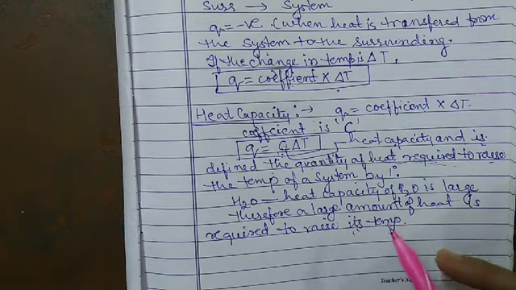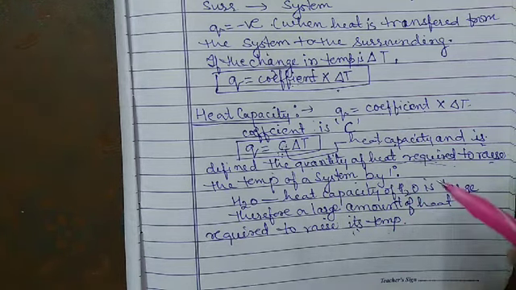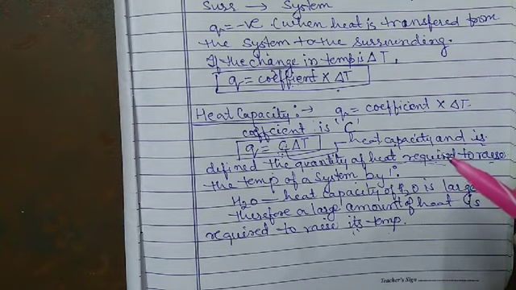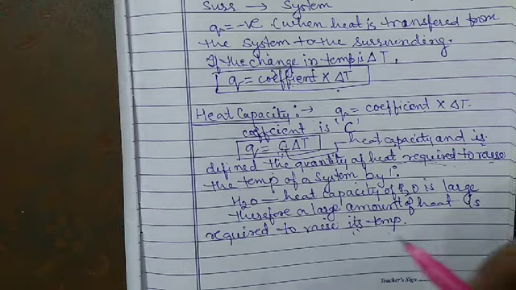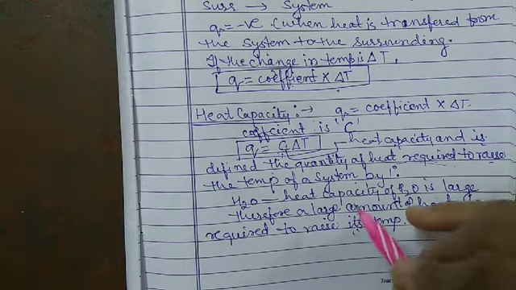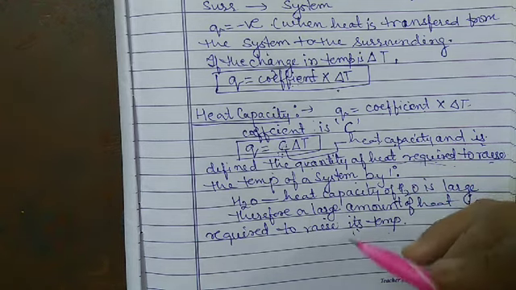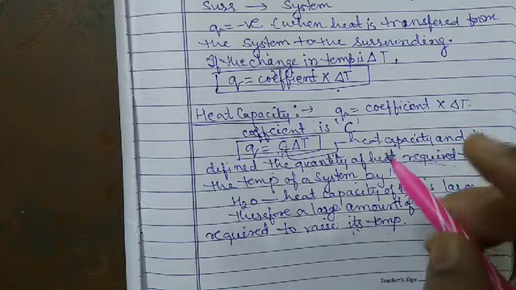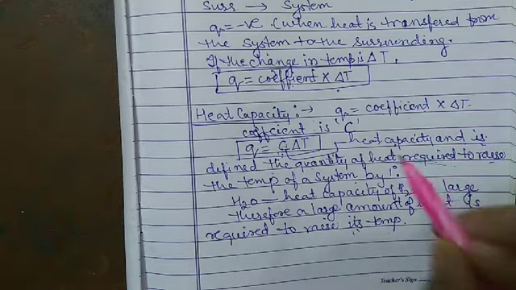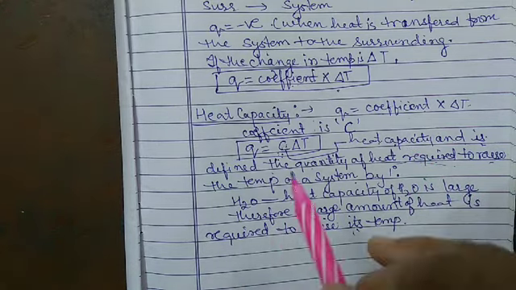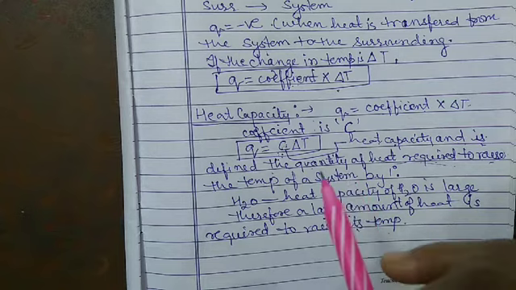When the definition is given in terms of mole, we use the term molar heat capacity, that is the heat capacity of 1 mole of a substance.